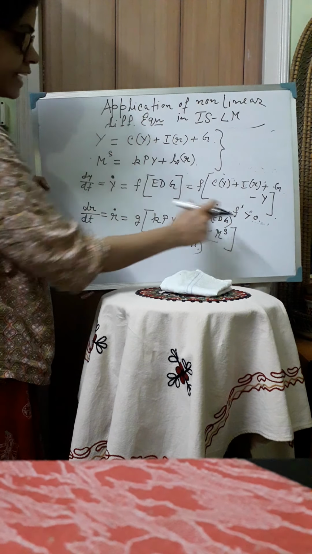So where will be the equilibrium? The equilibrium, the simultaneous equilibrium in the goods market and the money market occurs at the point of intersection between the LM curve and the IS curve. Now this equilibrium is called intertemporal equilibrium.